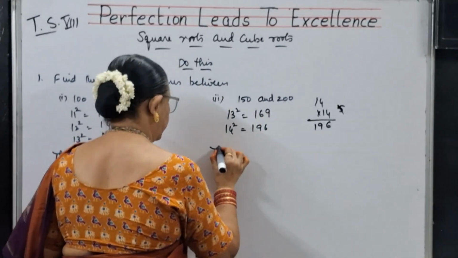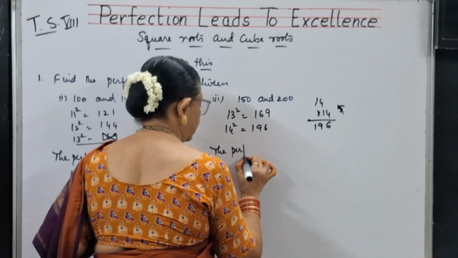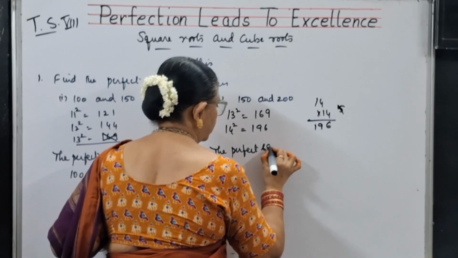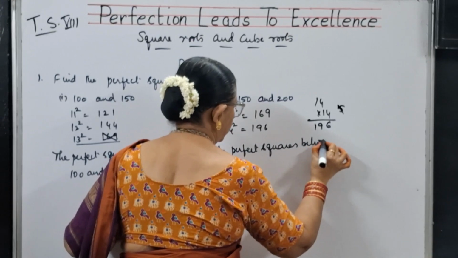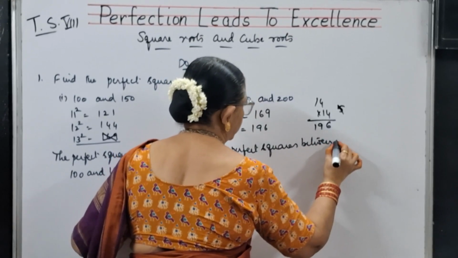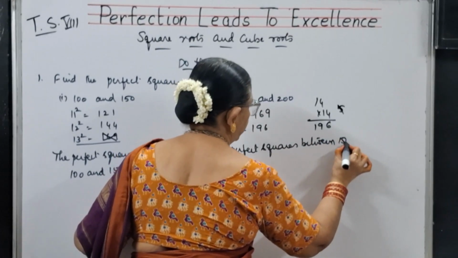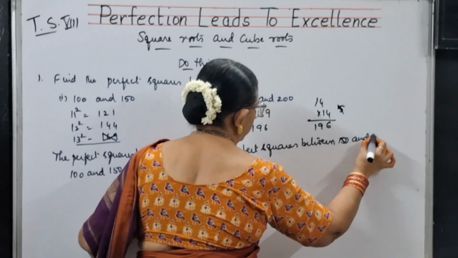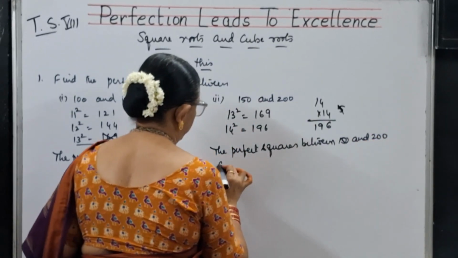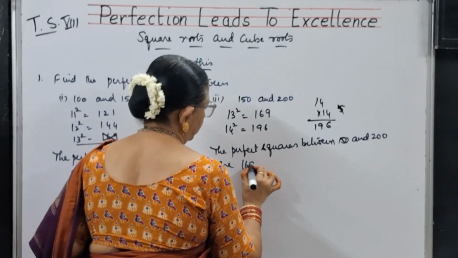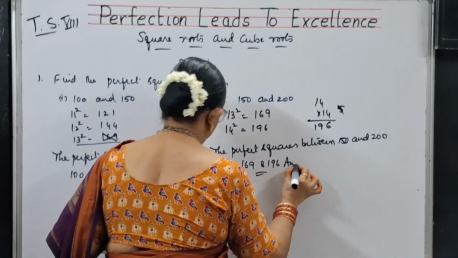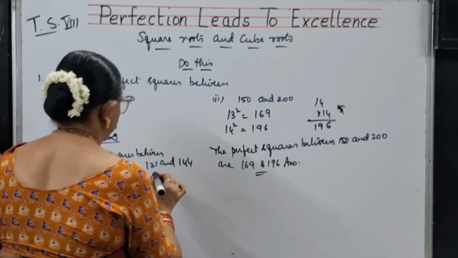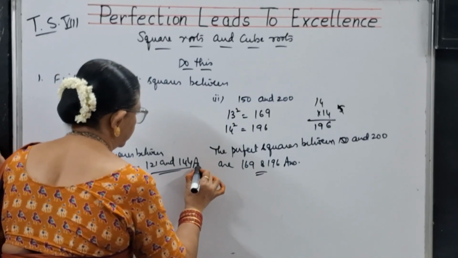Therefore, the perfect squares between 150 and 200 are 169 and 196. These are the answers, children. Here, these two are the answers.